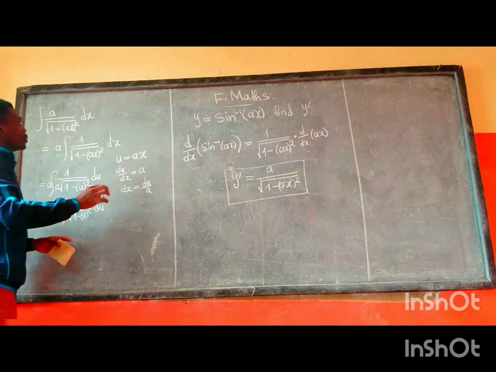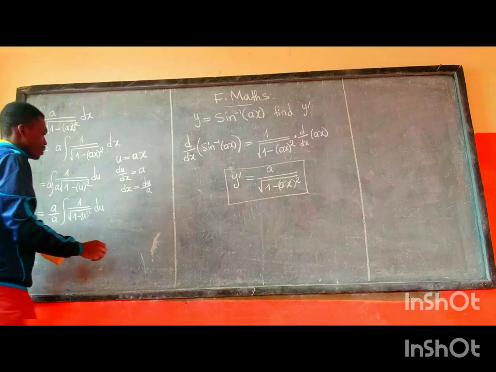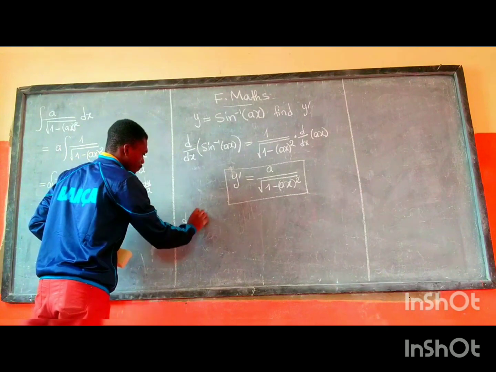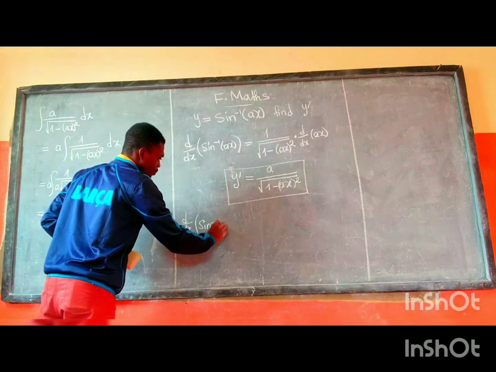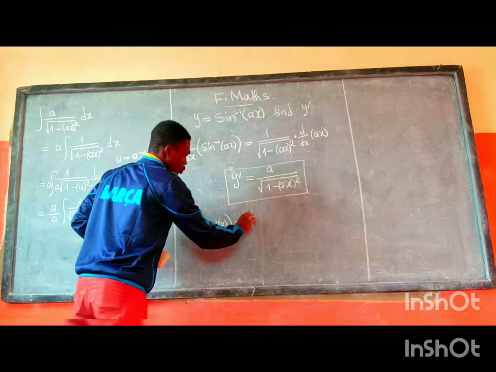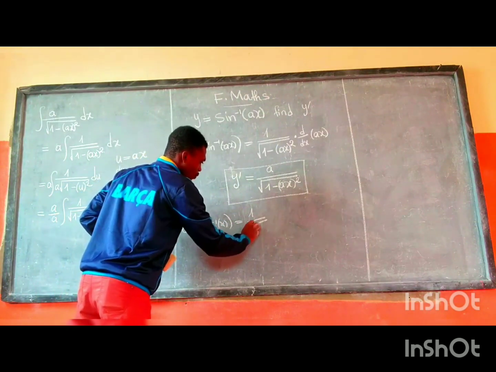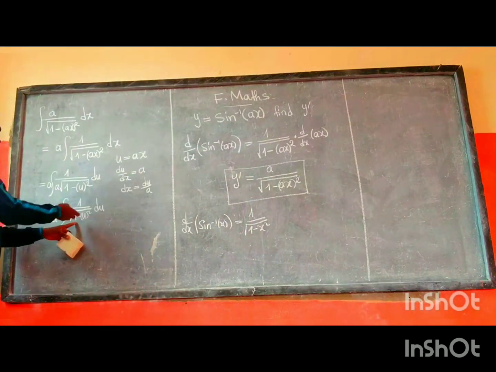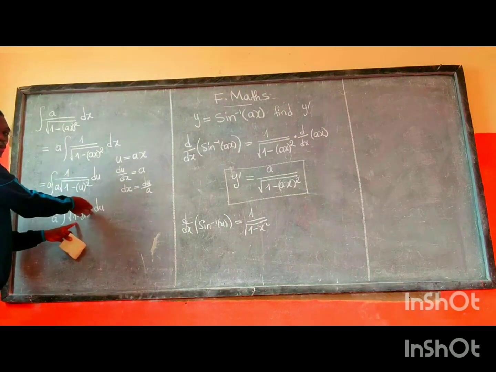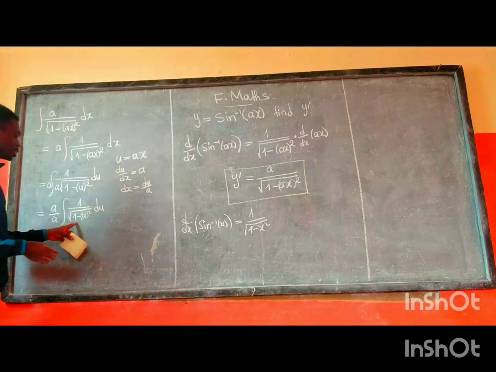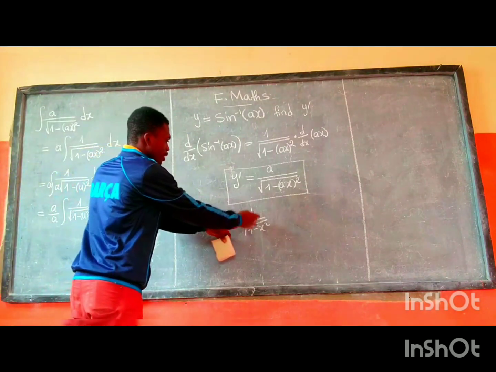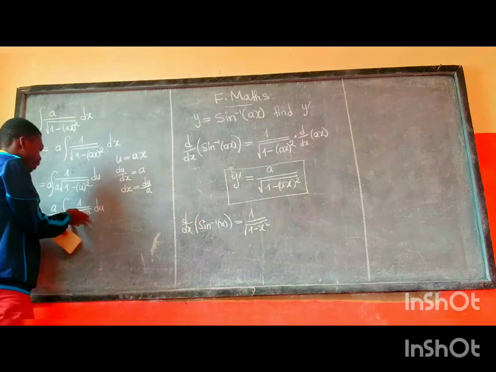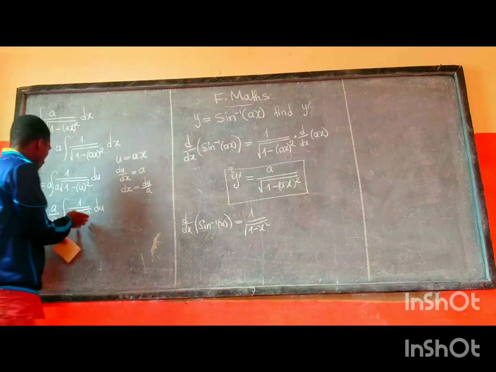And from what I said at the beginning of this video, the derivative of the sine inverse of x is equal to 1 over the square root of 1 minus x squared. Comparing with this one, we notice that this is 1 minus u squared, so if you integrate this, you have sine inverse of u.